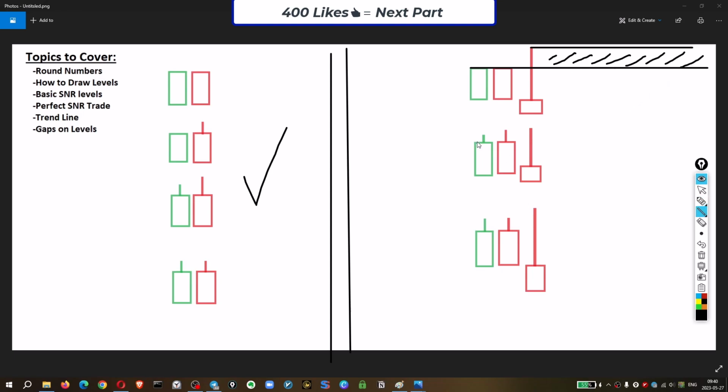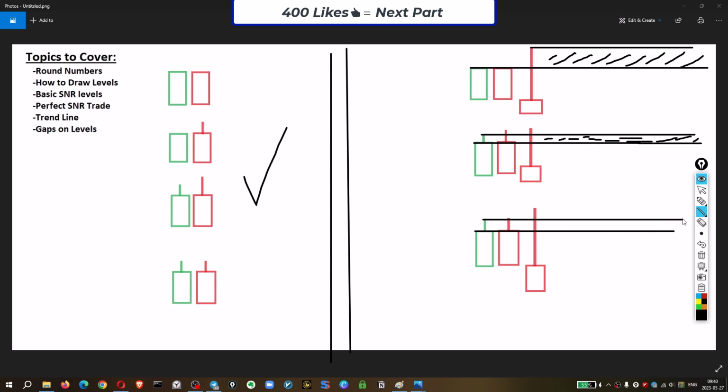About this one, still one from the candle's body, one from here. The area is going to be here. We have to cover the most shadows we can. Here we draw the line. We have two same size shadows still.